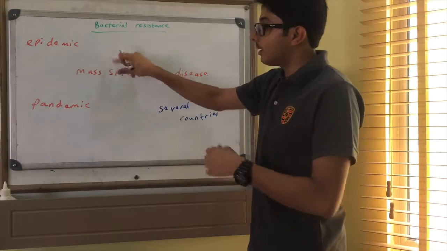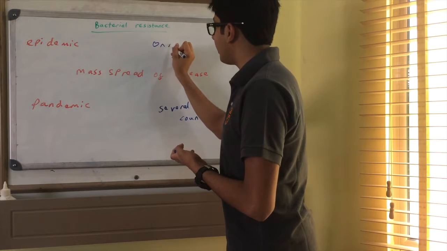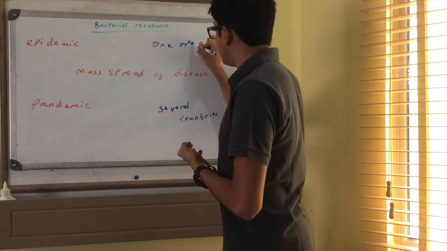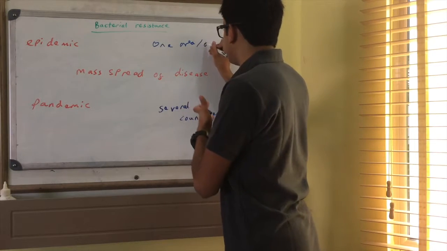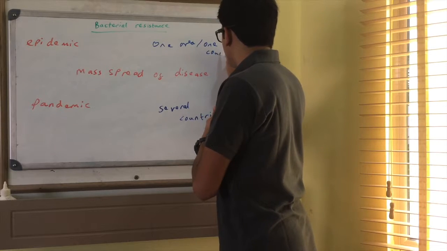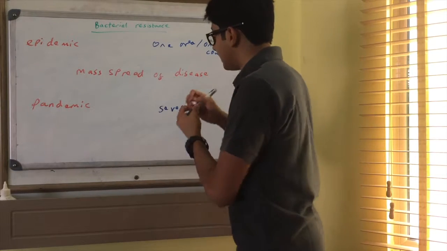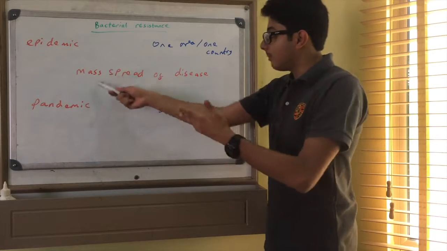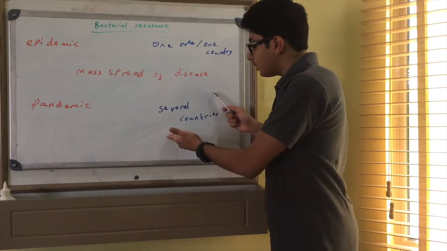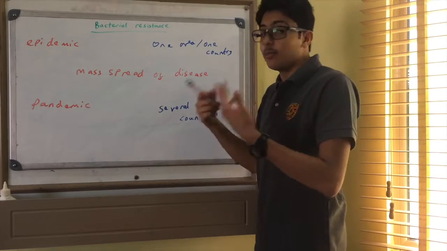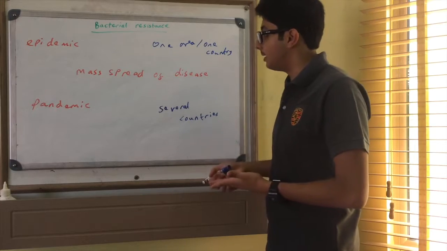But epidemic usually refers to one area or one country. So epidemic is the mass spread of disease in one area or one country, when there are more cases of that disease than expected. And pandemic is the mass spread of disease in several countries or areas when there are more cases of the disease than expected.